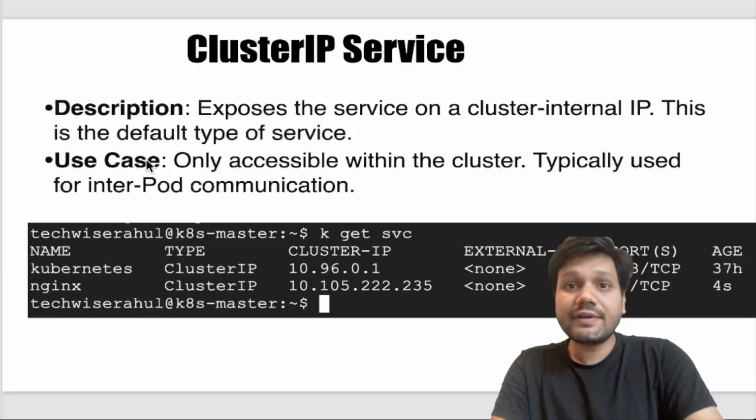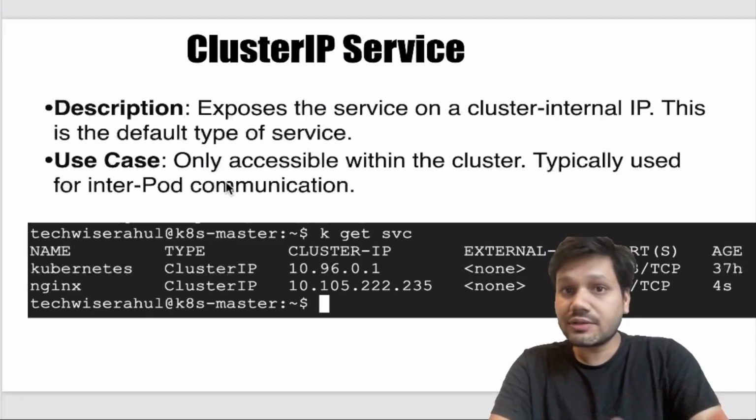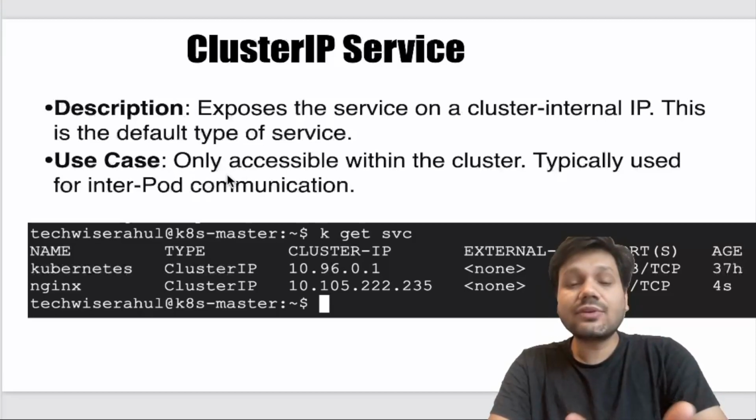This is also known as the default service of Kubernetes, and we have already discussed why. The use case for ClusterIP is that it's only accessible within the cluster, so it's typically used for inter-pod communication inside the same cluster.